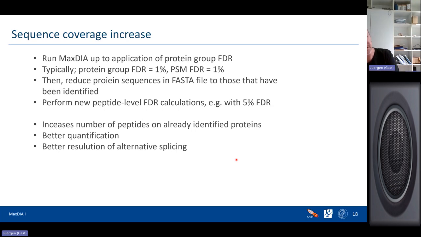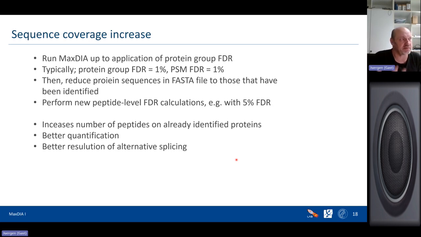And then after the protein groups are extracted with 1% FDR, also using a PSM FDR of 1%, we do another search, and now we use a restricted FASTA file that only contains the proteins that were identified with this 1% protein FDR, and we perform a new search with a new peptide-level FDR calculation, which you can choose yourself. In the example, we have fixed it to 5%, so we increased it a bit, and this will increase the number of peptides on the already identified proteins.